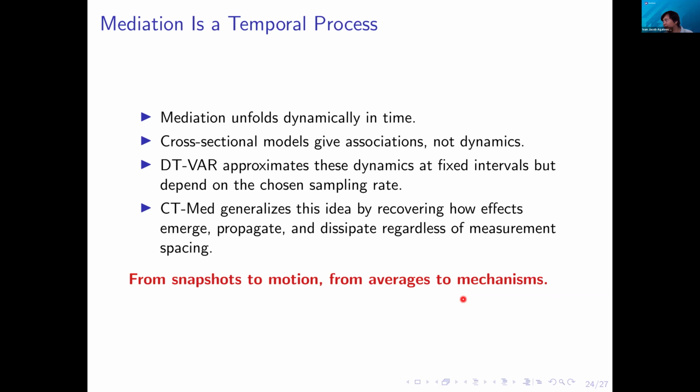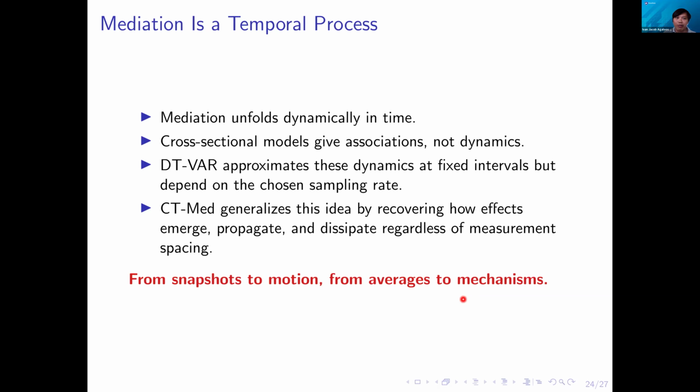Discrete time approximates the dynamics with fixed intervals, but it depends on the chosen sampling rate, the chosen delta t, the time interval. Continuous time mediation generalizes this idea by recovering how effects emerge, propagate, and dissipate, regardless of the measurement spacing.